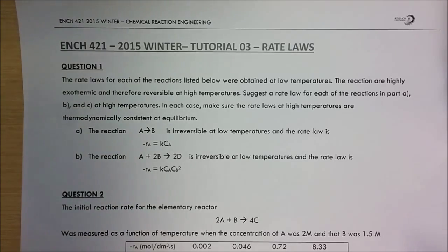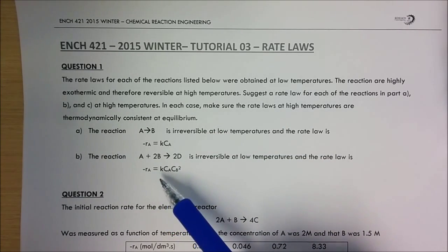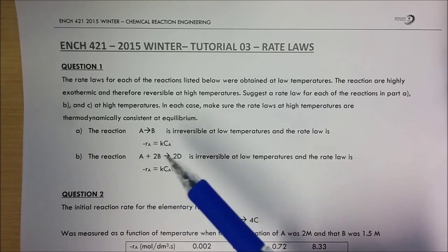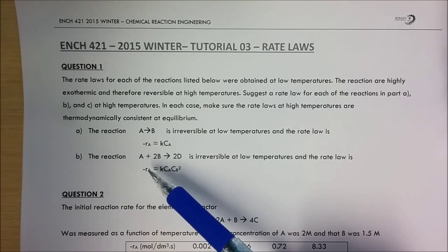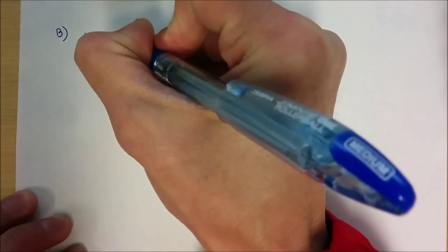For the question in part B, we will have the reaction of A plus 2B goes to 2D. It's mentioned that it's irreversible at low temperature, and the rate law is negative RA equal to K CA CB to the power of 2. And it applies the same condition as part A, that this reaction is going to be reversible at high temperature. So in order to solve part B, we will do the same steps as part A. We write the condition at low temperature.